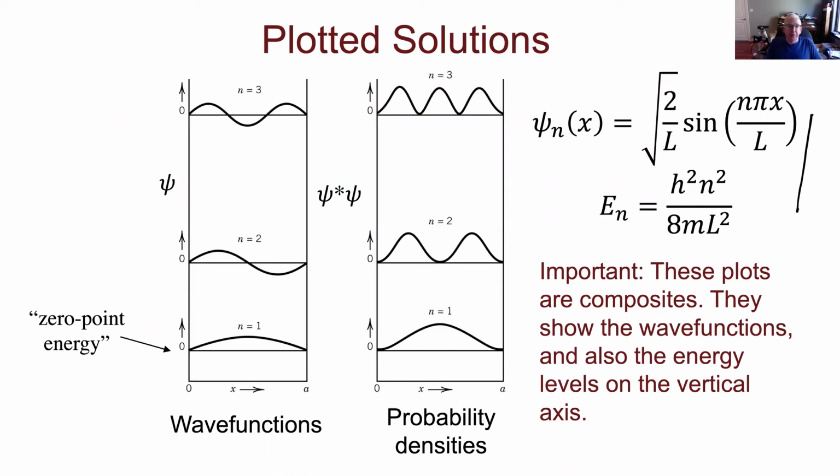In this version of the diagram, it's got the wave functions on the left and the wave function squared on the right again. Only drawing the first three, we could keep going up to higher and higher energy levels here. In this diagram, the baseline for the wave function and for the psi squared have been offset to reflect the actual energies of those states, right?